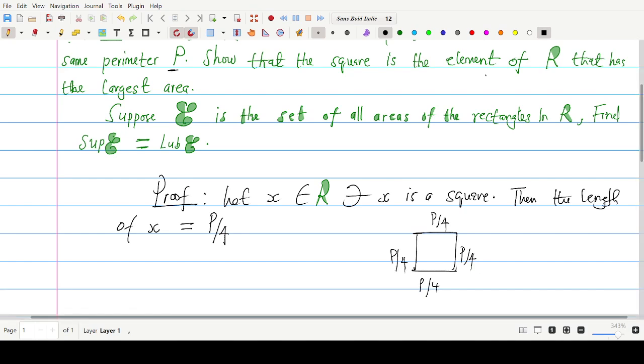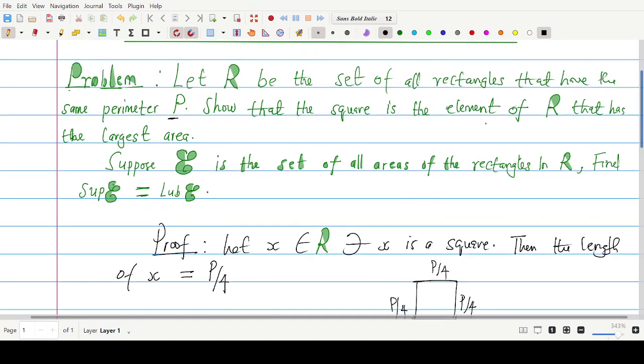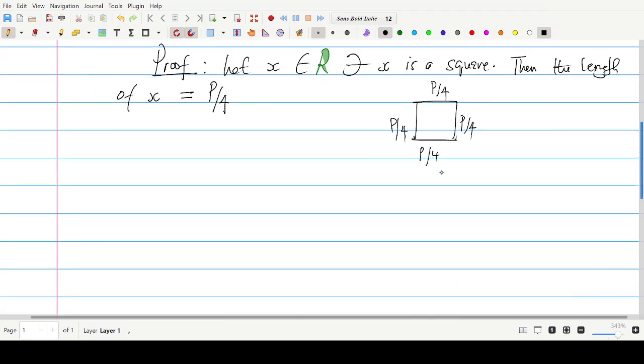So when we sum up, we get P as a result. Anything other than this will not give us the result P. And the set R consists of rectangles that have the perimeter P. So if a square is to fall into this set, the square must have a perimeter of P. And for that to happen, each length of the square must be P over 4. All right. So that is the reason why I make this choice.